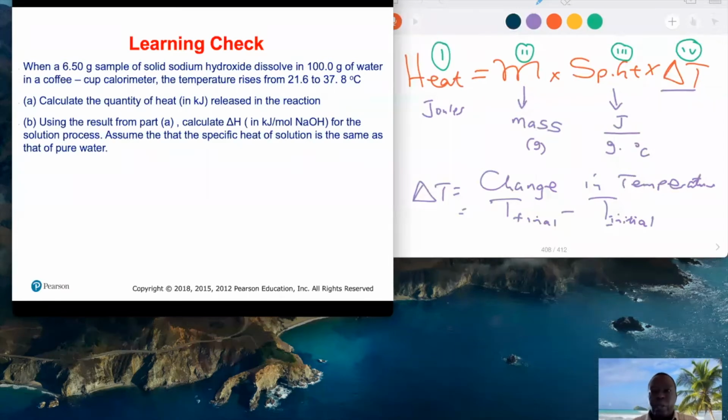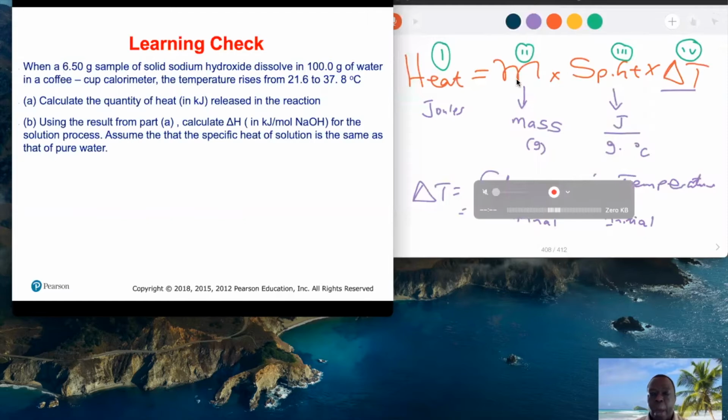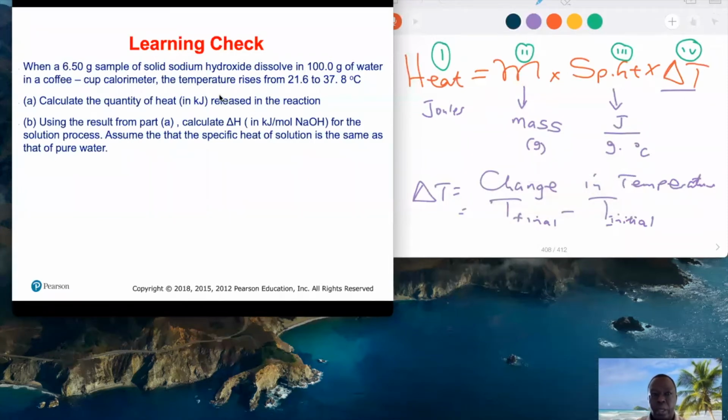This calls for using this equation, but you need to synthesize and look at what you are given. Are you going to use these 100 grams? Are you going to use 6.50 grams, or will it be combined? Remember, this equation stands for mass of the solution in this case, which means we are combining the solute and what?